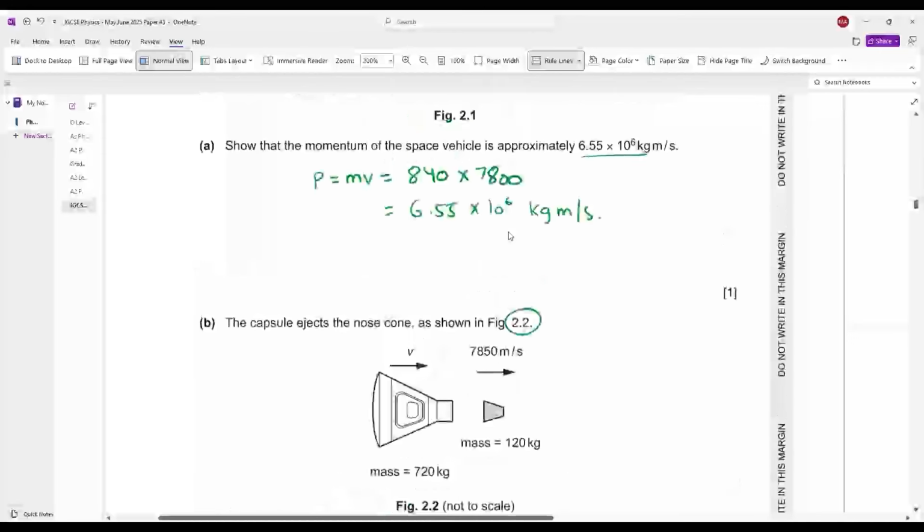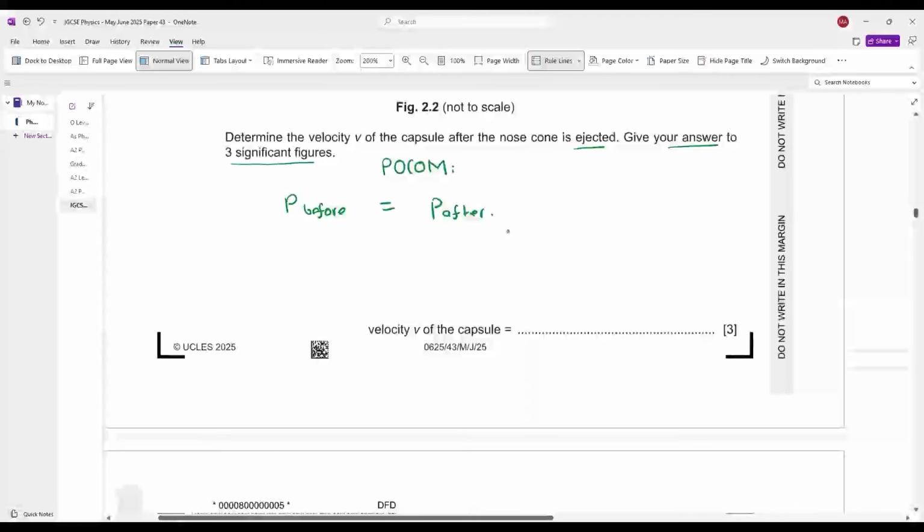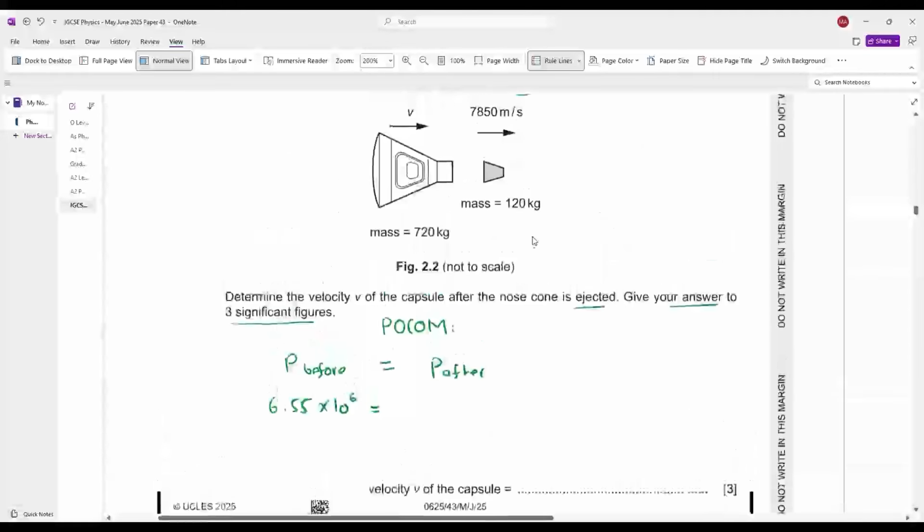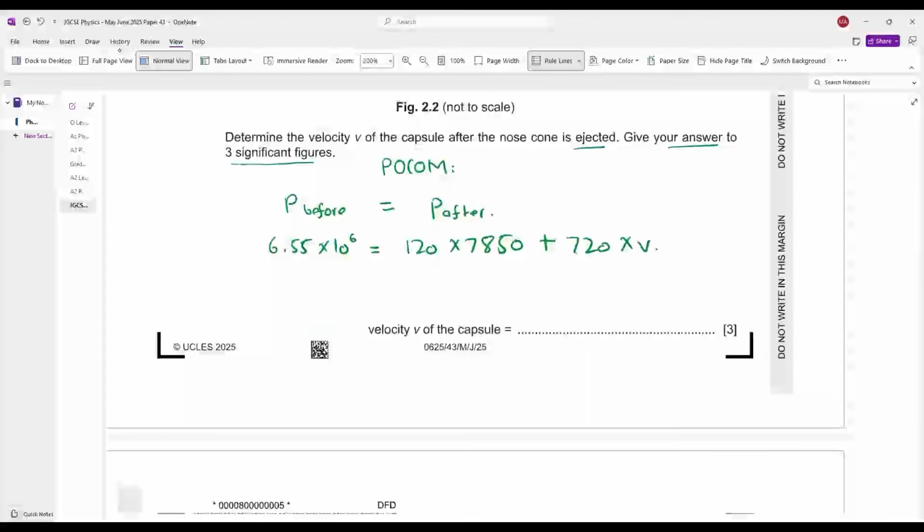What is the total momentum before explosion? 6.55 into 10 raised to the power of 6. What is the total momentum after collision? You have a mass of 120 kg traveling at a velocity of 7850 plus a mass of 720 traveling at a velocity of v. Can you calculate this velocity v?